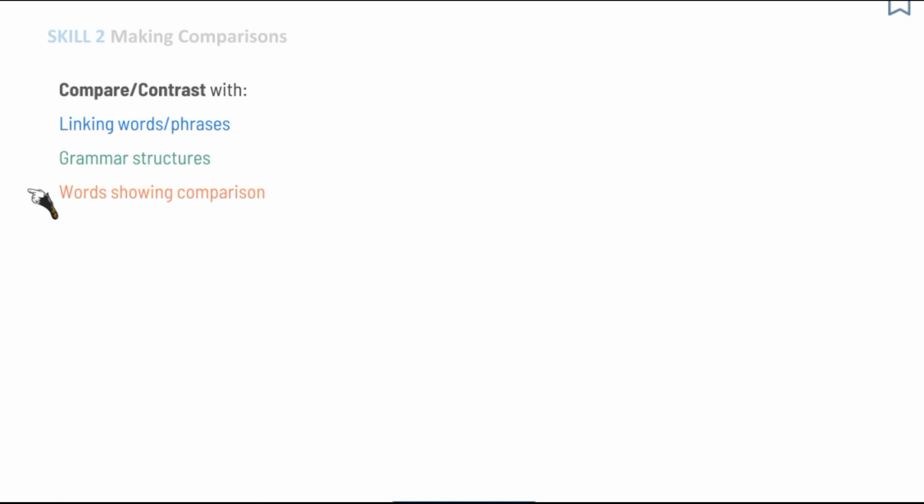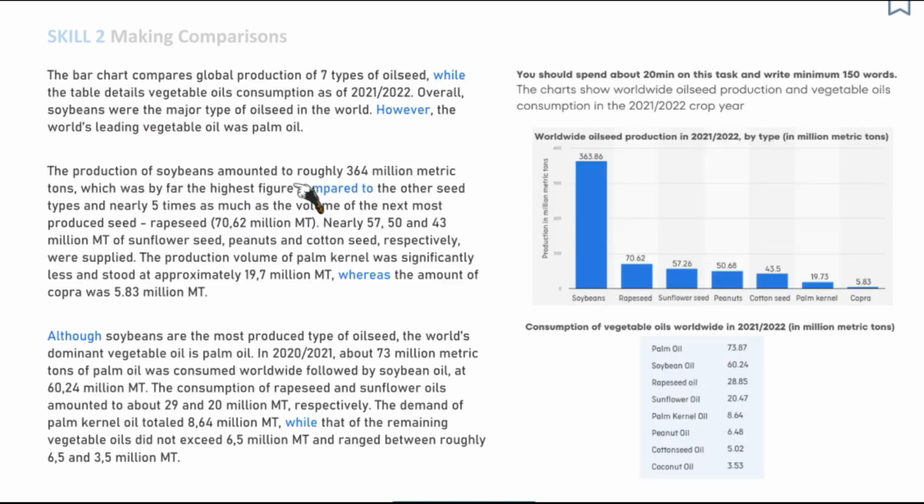Next, we will talk about grammar structures, and also we will talk a little about words that show comparison. And we're going to start with linking words and phrases. Now you can see all the linking words that I have used in this report: while, however, compared to, whereas, although, while.